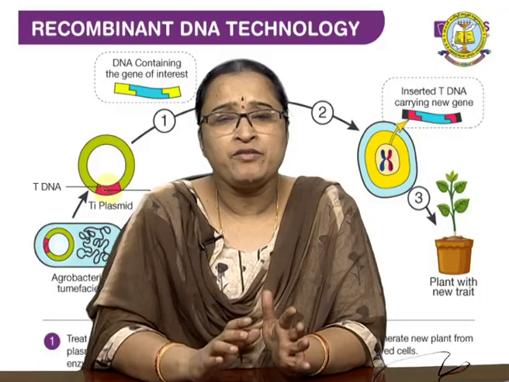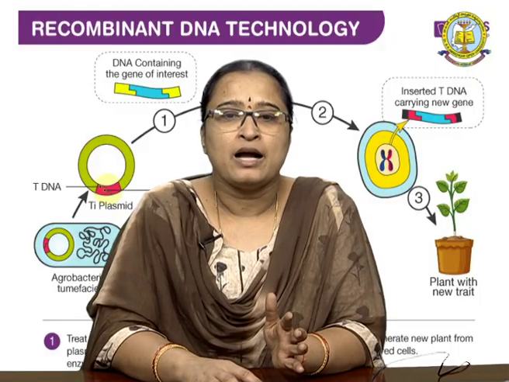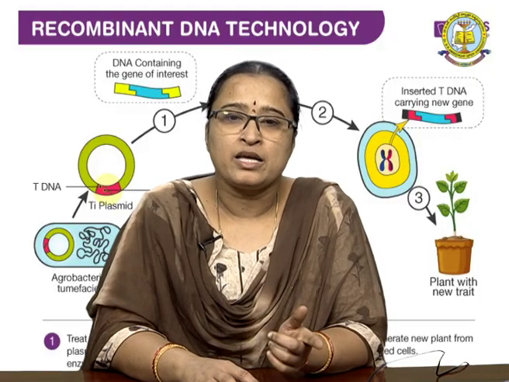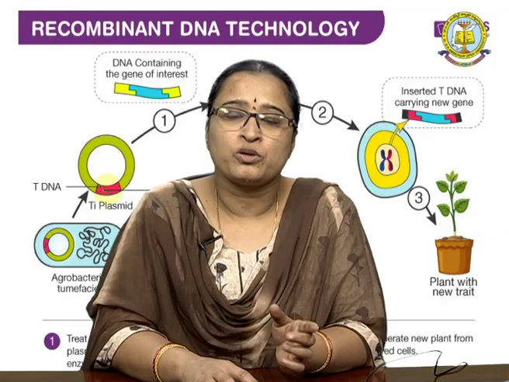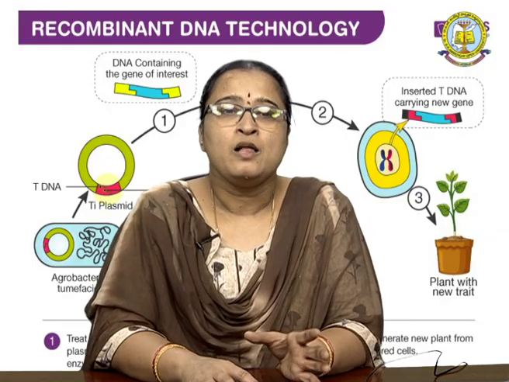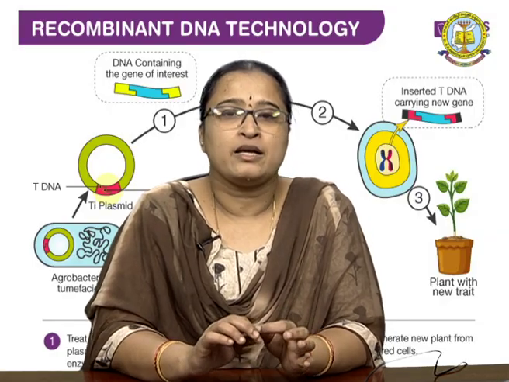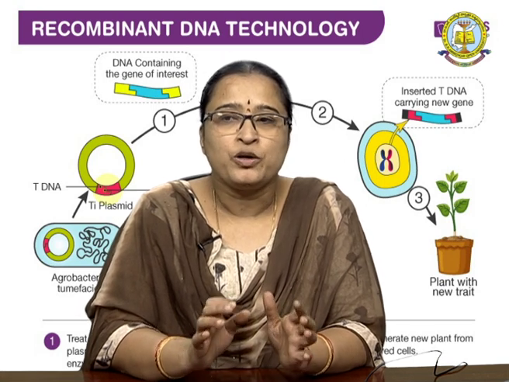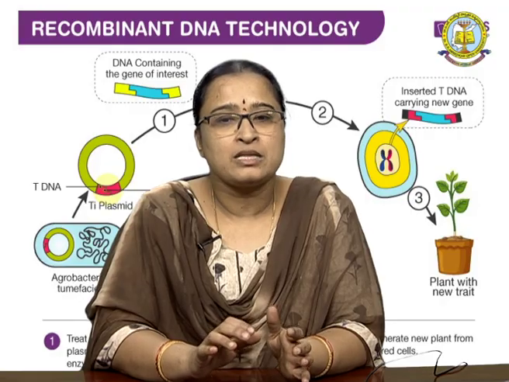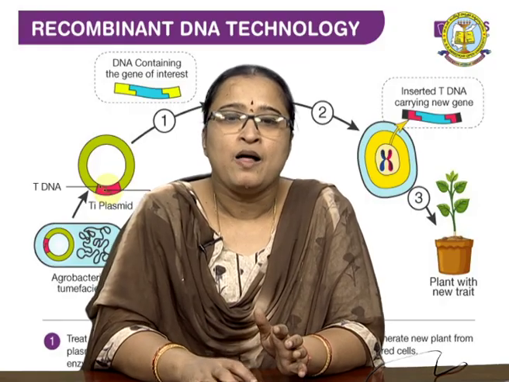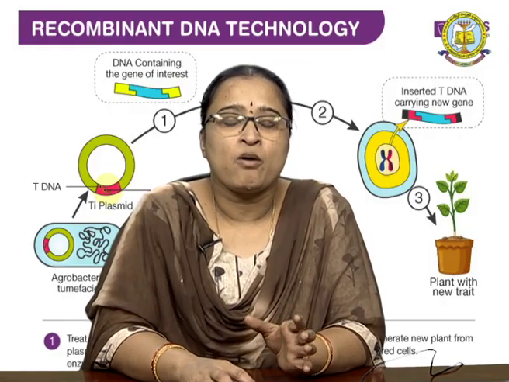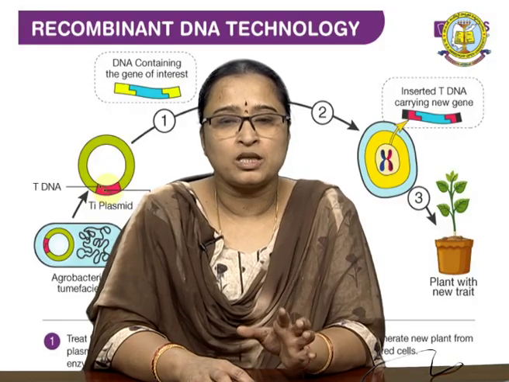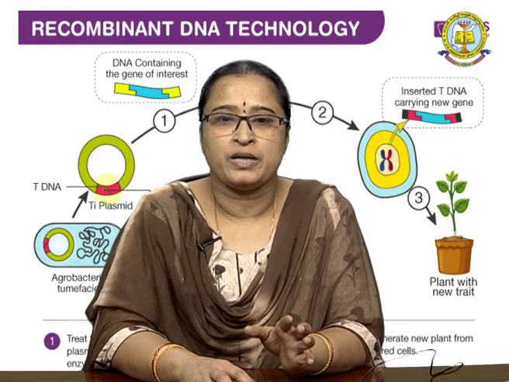Any one plasmid you can take, and both the DNA and plasmid are cut and combined together. To attach the cut DNA and plasmid, the enzyme used is called ligase. This is called the recombinant plasmid. The total structure is the recombinant plasmid.